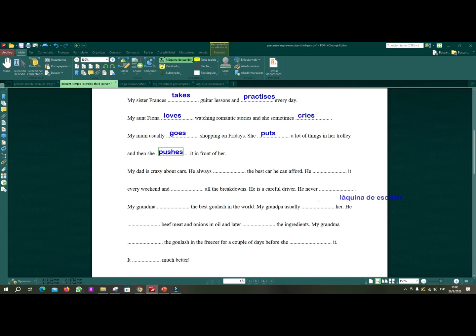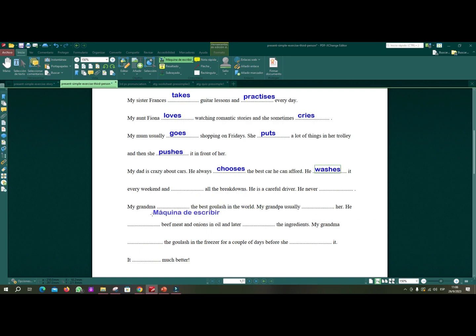Then you have the other part. My dad is crazy about cars. He always chooses, right? You have another. Oh, chooses the best car he can afford. He washes, right?